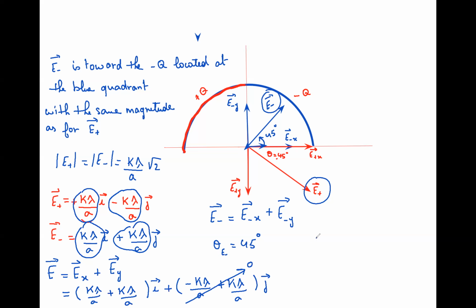We get the final equation of E equal to K lambda over A in the I direction.